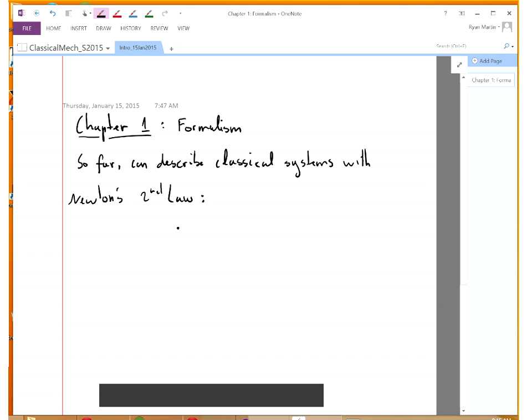Newton's second law is a vector equation. It says that the sum of the forces equals ma. So this is a vector equation, and what this really means is that this is 3 equations.